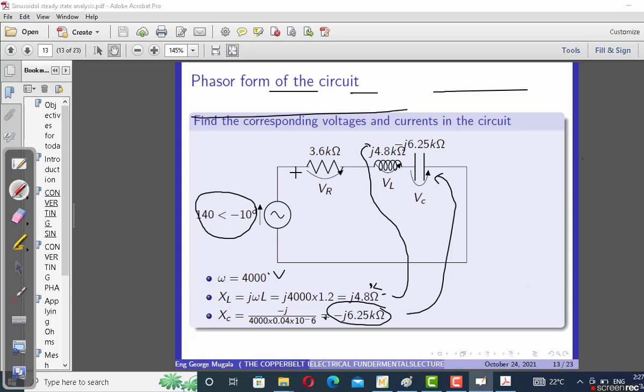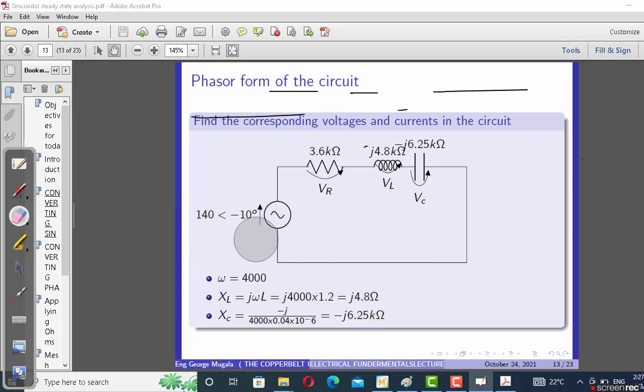Now you can calculate the relevant values. If we're looking for the current flowing in the circuit, for example IS, we don't have to draw our vector orientations anymore like the one we did. It's already in complex form. We just have to solve it directly.